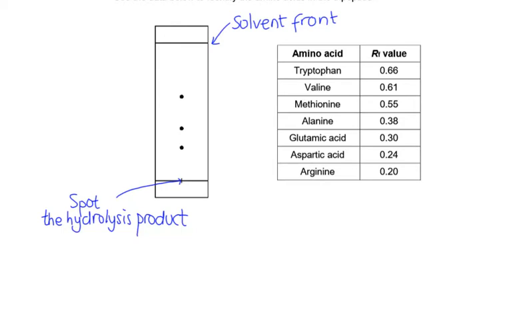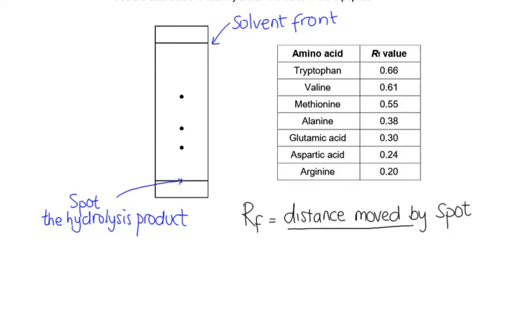So remember that RF is the distance moved by our component of our mixture, by our spot, from that starting point, divided by the distance moved by the solvent.